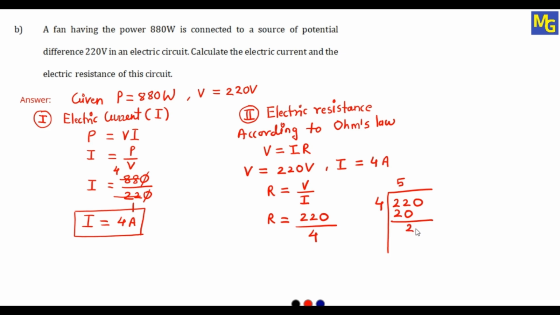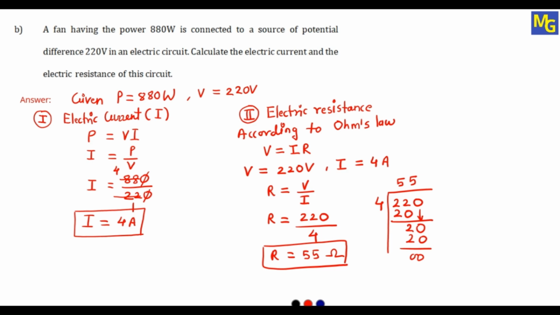We'll get it here 2, and again we will take this 20. 4 5s are 20, and here we will get 0. So the answer is 55. So R is equals to 55, and the unit of resistance is ohm. So this is our answer. So write down the answer into the box with the unit. So here the answer for B is R 55 ohm resistance and current is 4 ampere.